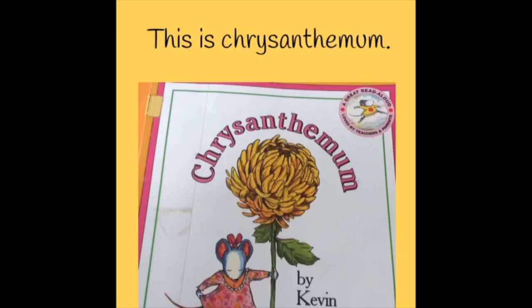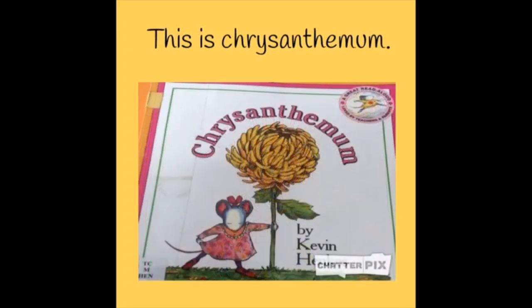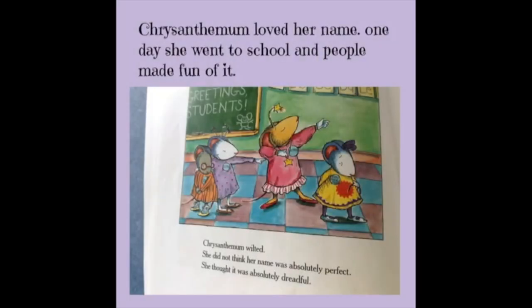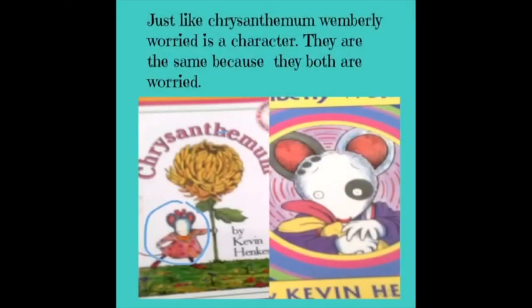And she is a mouse, and she has white skin. She's a really nice mouse. Thank you. Bye. Chrysanthemum loved her name. One day she went to school, and people made fun of it. Just like Chrysanthemum, Wimberly Worg is a character. They are the same because they both are worried.